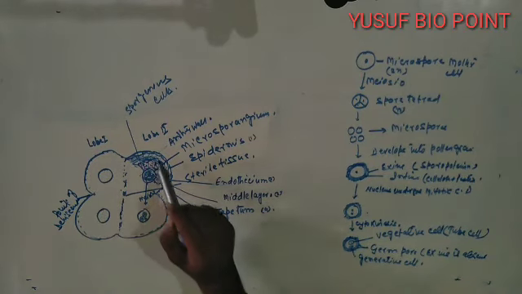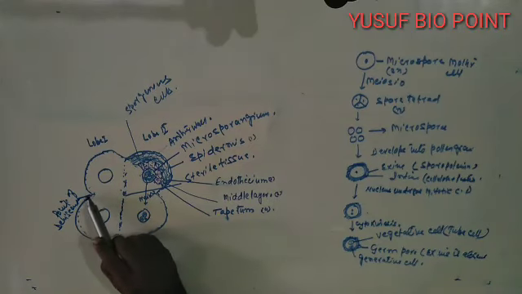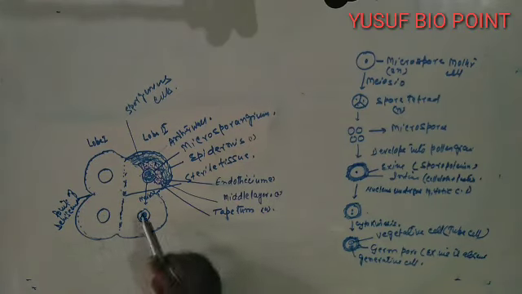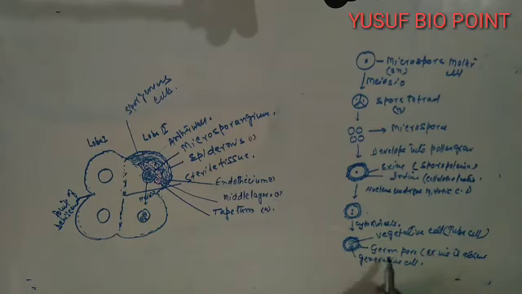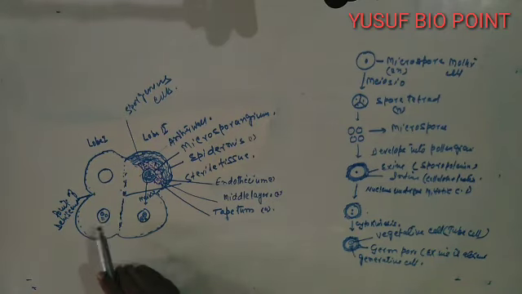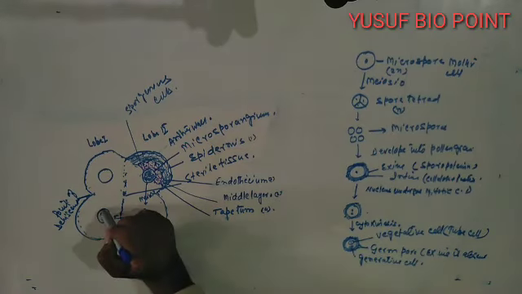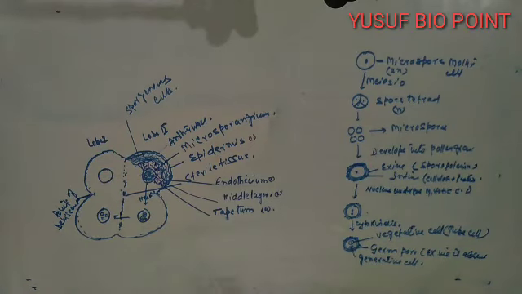These parts are all fibrous in nature except the point of dehiscence. When the pollen grain is completely formed, in the fourth stage, understand? Now it will come out.